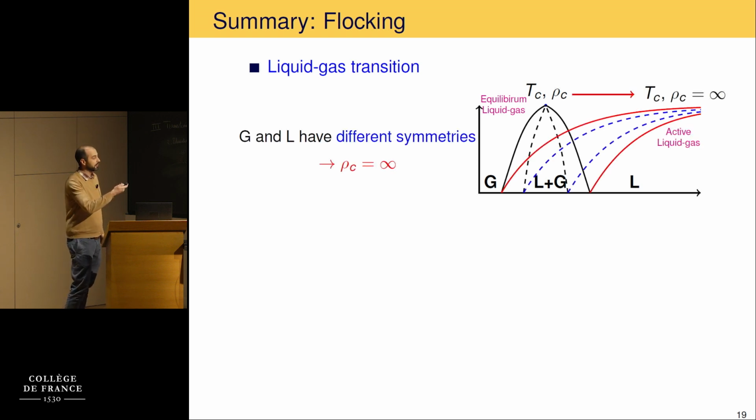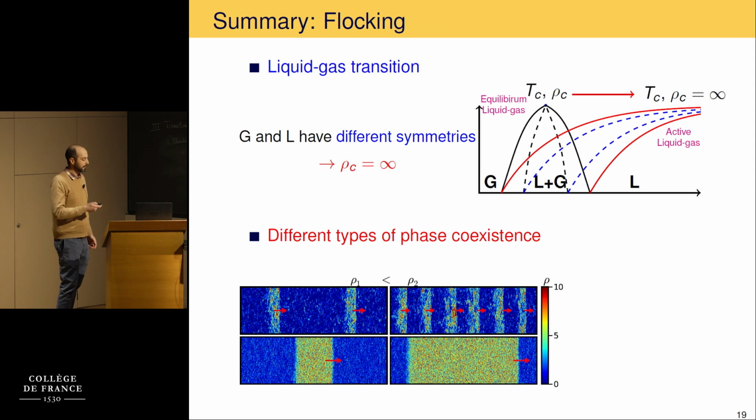And what happens is that the critical point is actually sent to an infinite density. So you can never cross continuously. But otherwise, you still have binodals and spinodals, and it's still a phase separation. And on top of that, you have different types of phase coexistence, which is controlled by the symmetry of the interaction.